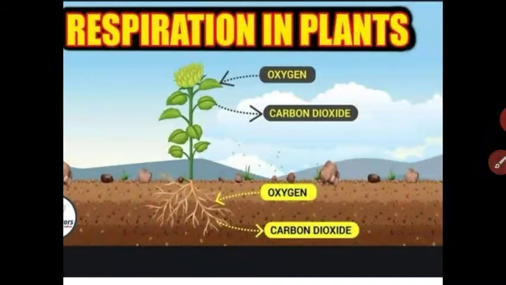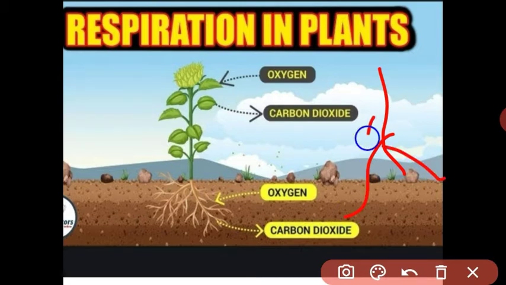On the surface of the root there is a small hair, called the root hair, and with the help of this root hair the plant can respire.